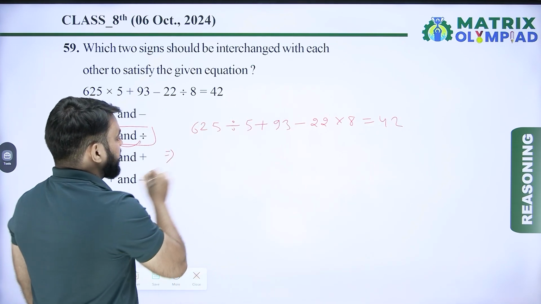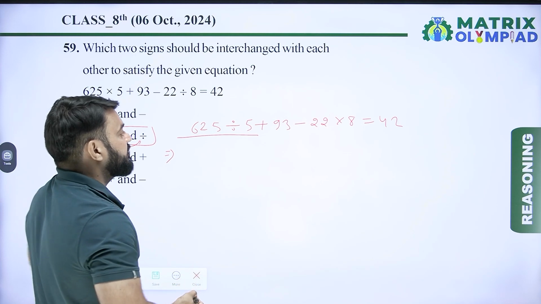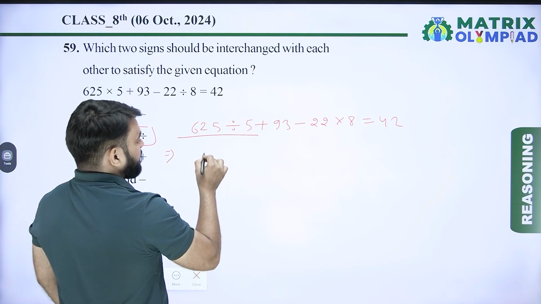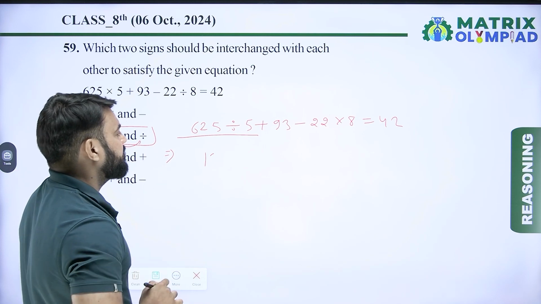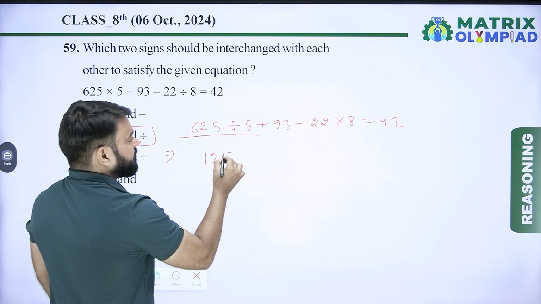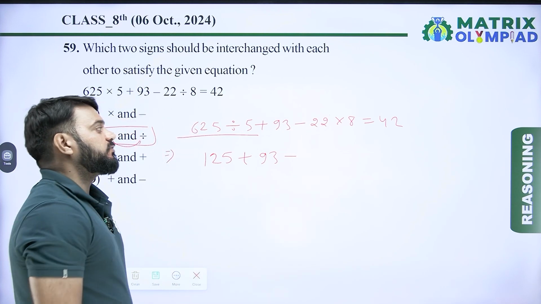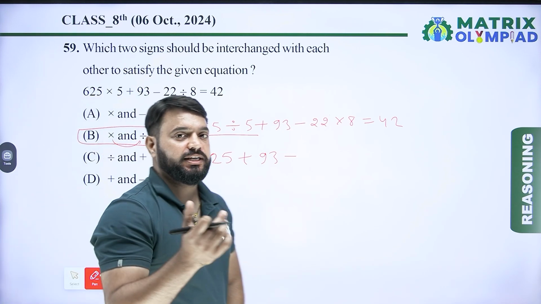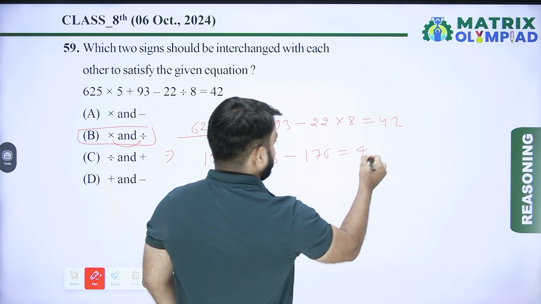So using the BODMAS rule, first divide the numbers. 625 divided by 5 is 125, plus 93 minus 22 into 8. 22 into 8 is 176, is equal to 42.